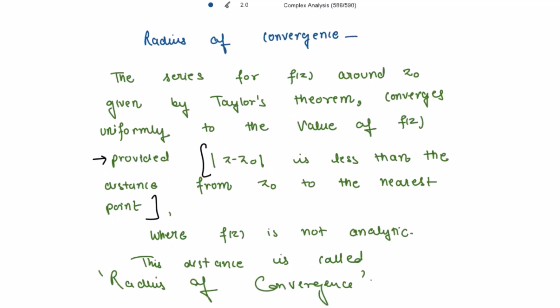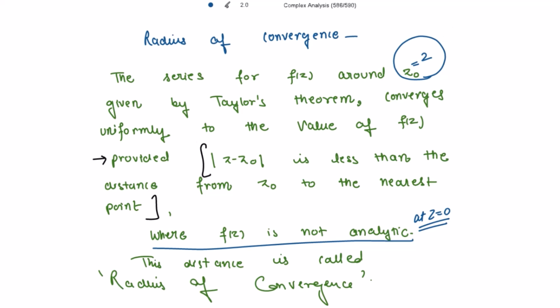The definition for the radius of convergence: the series for f(z) around z0, here in this example z0 is 2, given by Taylor's theorem, converges uniformly to the value of f(z) provided mod of z minus z0 is less than the distance from z0 to the nearest point at which f(z) is not analytic. At what point is f(z) not analytic? At z equal to 0, right? Here the function is not analytic and we have expanded the function about z0 equal to 2.